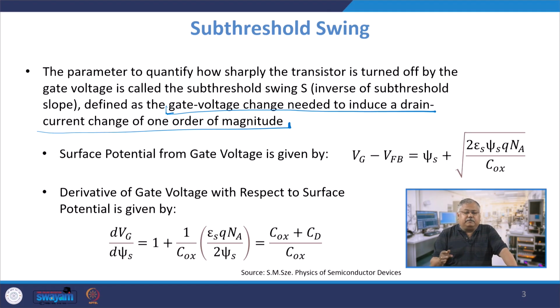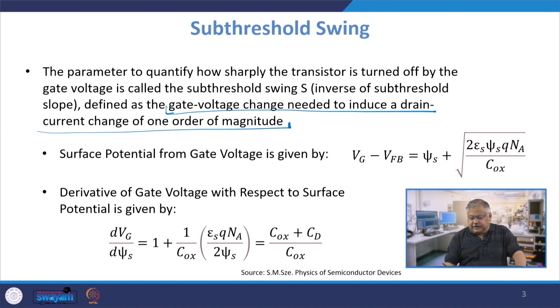This flat band voltage difference is primarily because of the metal semiconductor contact, and therefore the effective gate voltage visible to you is basically Vg minus Vfb. This is not inversion or accumulation, it is just a standard way of looking at it. Therefore, this is the amount of voltage which you see at the edge.